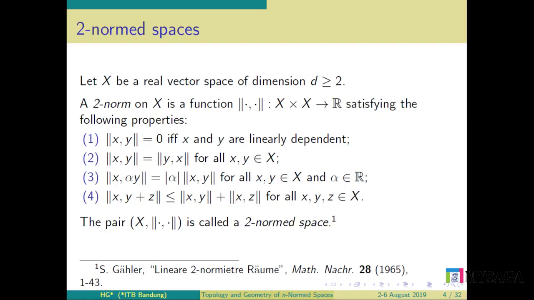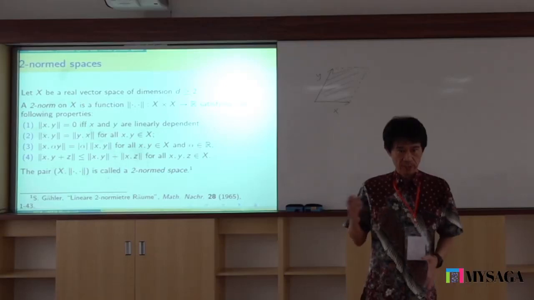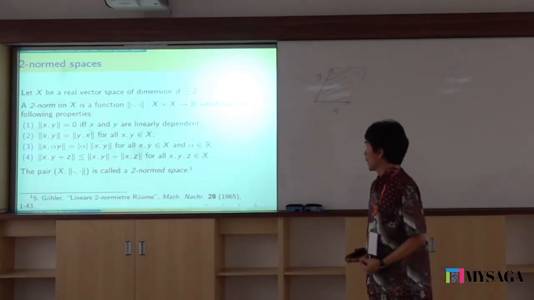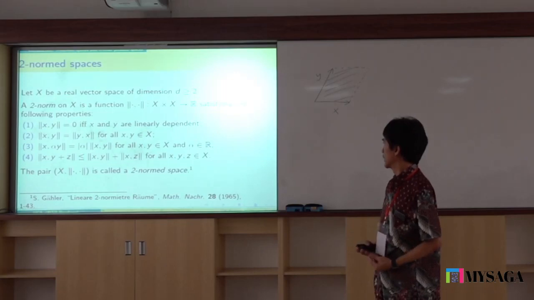So the four properties here can be interpreted geometrically. The first one says that the area is 0 if x and y are linearly dependent. That means if x and y have the same direction or reverse, the area is 0, so the height will be 0. The second one says the area spanned by x and y is the same as the area spanned by y and x, so it's invariant with respect to the order of the two vectors.